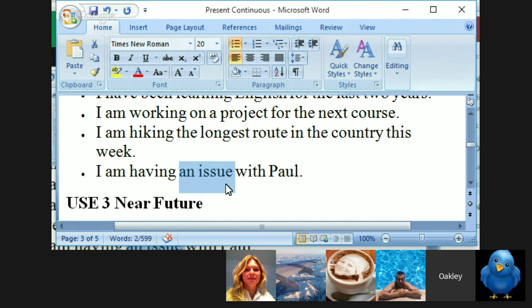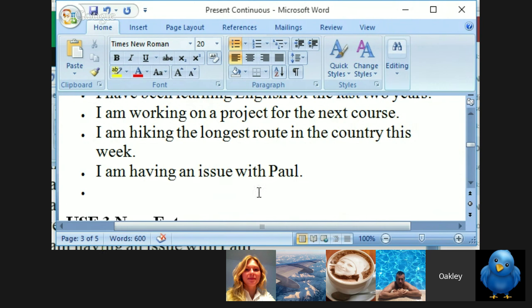So it would be very normal to say, I have a problem with Paul, present simple tense. Problems happen, bam. Issues tend to stretch out over time, so it works better to say, I'm having an issue with Paul. I like that. You're in the middle of some kind of problem or conflict. That's good. All right, Ileana, you want to give this a try?